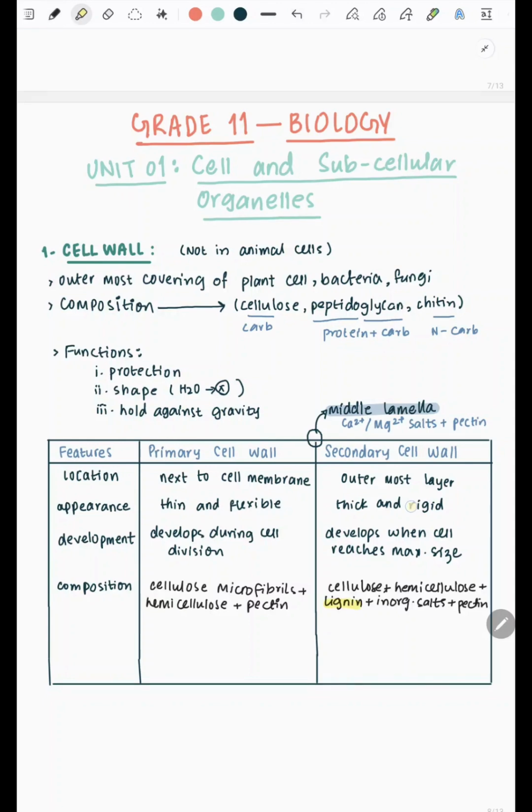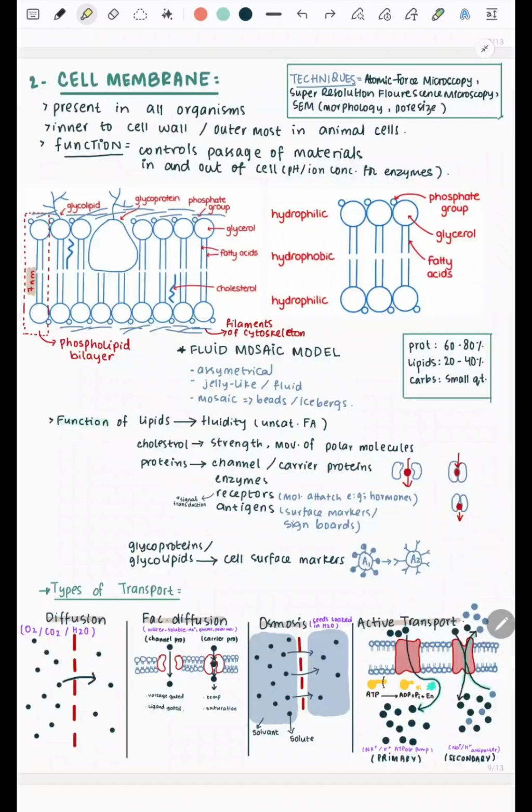Lignin is the molecule that provides the rigidity to the secondary cell wall and maintains the structure of the plant cell. Function. Primary cell wall provides strength and plasticity or the elasticity to the plant cell, whereas the secondary cell wall provides shape and mechanical support.